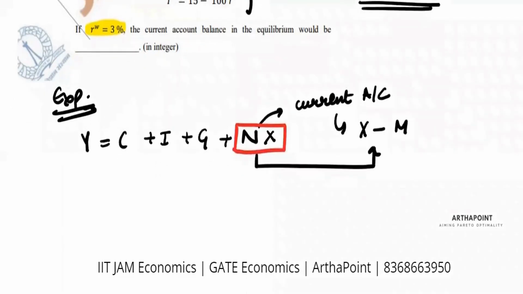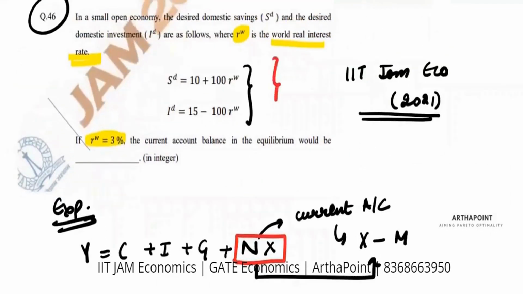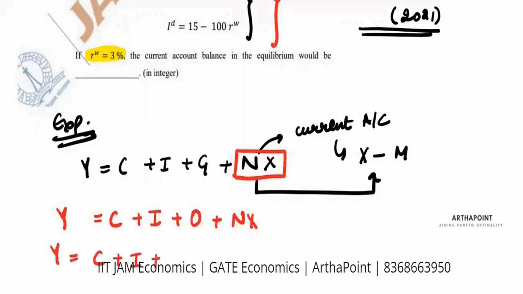Now, let's go ahead. Because nothing is mentioned about the government sector, I will assume that the government sector is 0. So I will say Y is equal to C plus I plus 0 plus NX. So I will get Y is equal to C plus I plus NX. Okay.